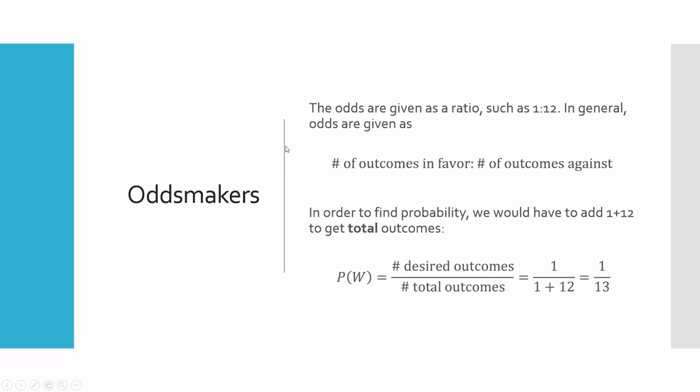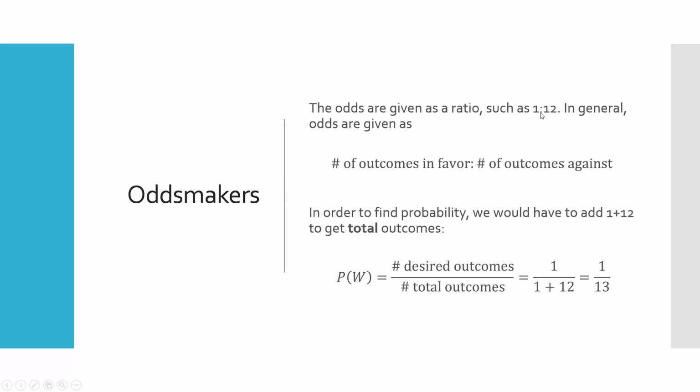Whenever you're looking at betting odds, the ratio is not what we're used to with simple probability. It's actually number of outcomes in favor to outcomes against. So it's not simple probability. Simple probability is outcomes in favor divided by total outcomes. So this 1 to 12 odds does not give 1 in 13 probability.